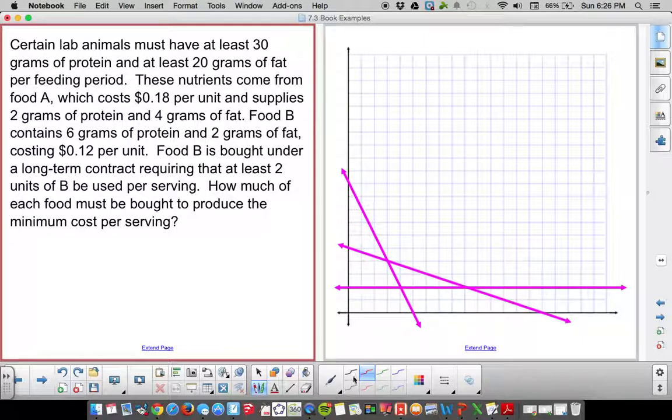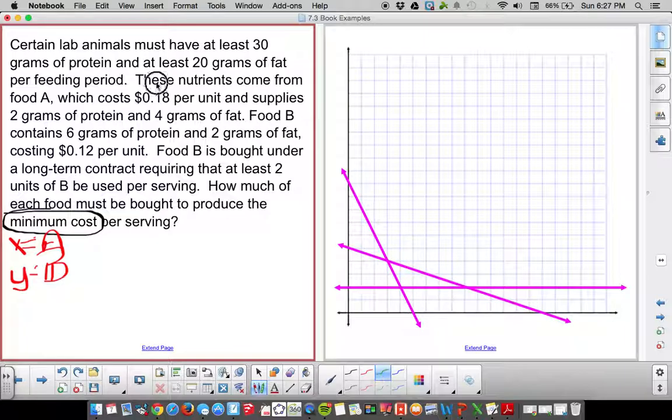Okay, so again, we're trying to figure out first what we're trying to maximize or minimize. Here we're actually minimizing, and we're trying to minimize cost. So I want to look for x being equal to my number of units for food A, and y being my number of units for food B. And I want to minimize my cost, so I'm going to look at what my cost is for each unit.